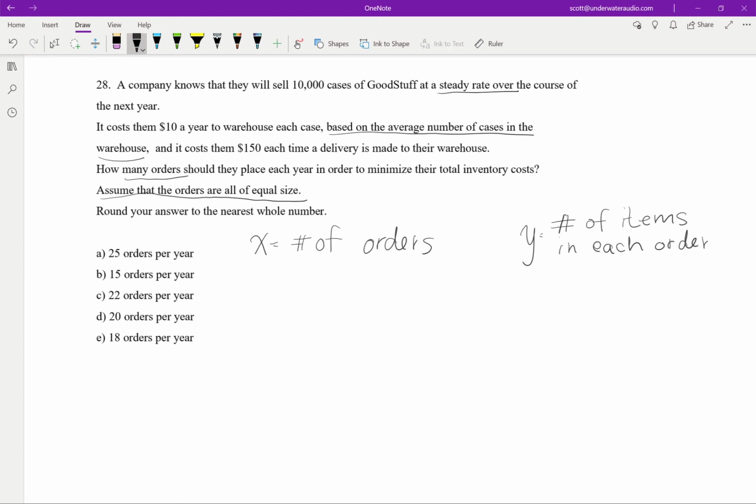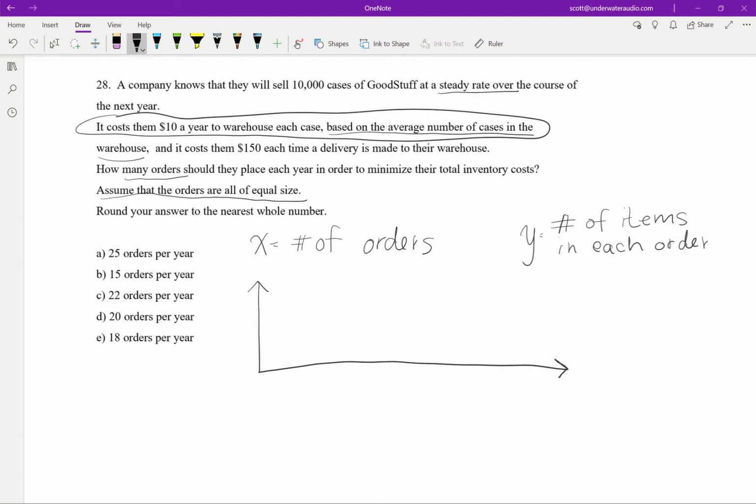Okay, so there is a kind of a trick to this problem, which is why I recommend putting something like it on your note card. But the trick comes in this part right here. It costs them $10 a year to warehouse each case based on the average number of cases in the warehouse. So the number of items in each order is how much gets delivered.